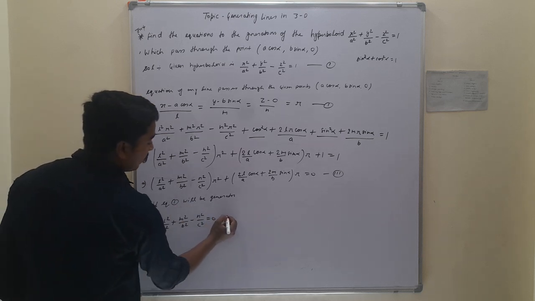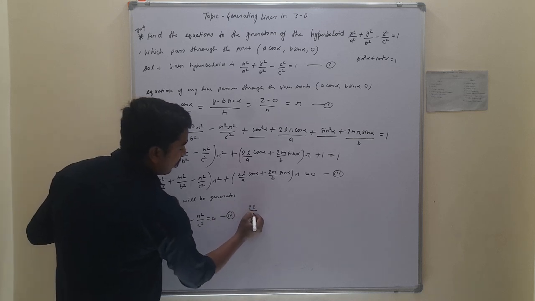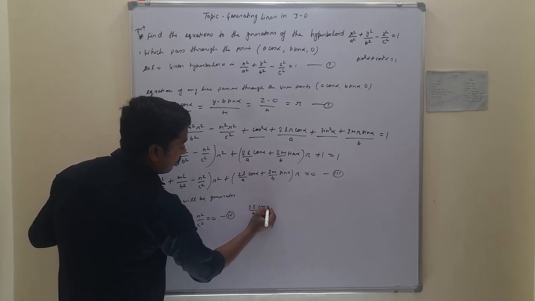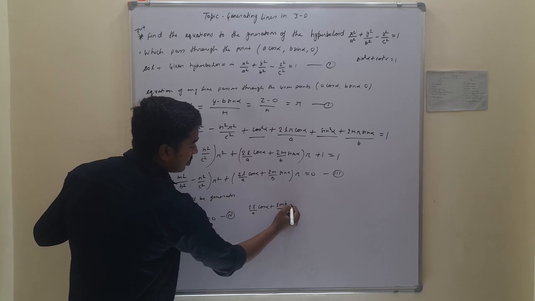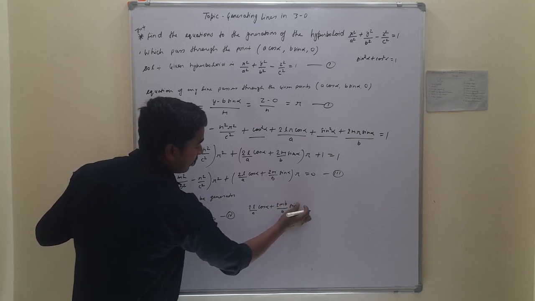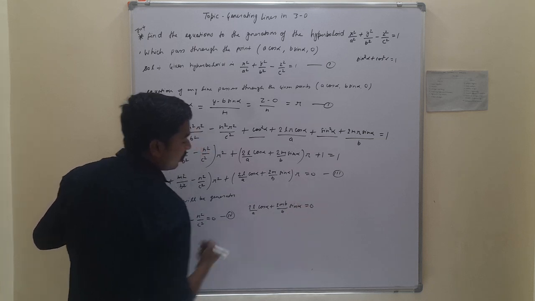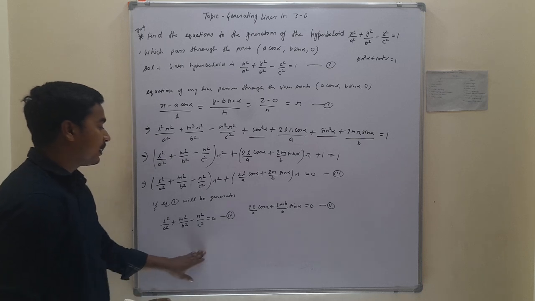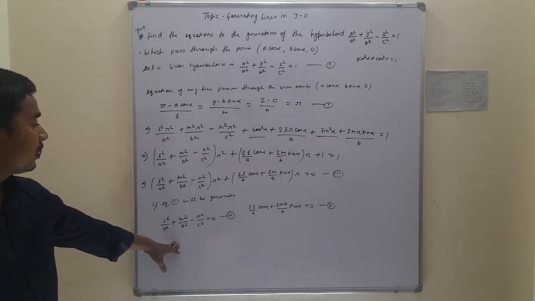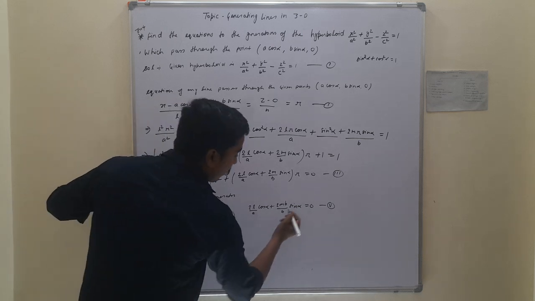Let this be equation fourth, and 2l upon a cos alpha plus 2m upon b sin alpha is equal to 0. Let this be equation fifth, and solving we get the equation of generating lines from equation fifth.